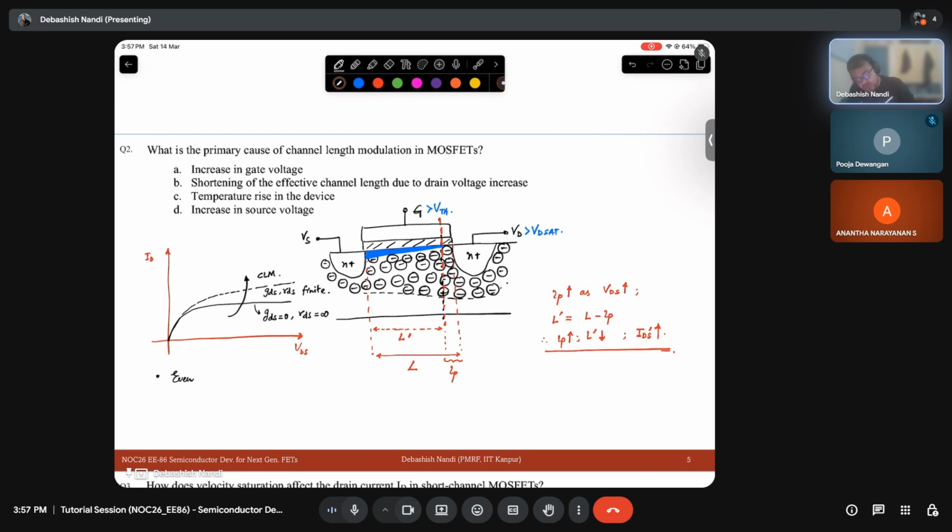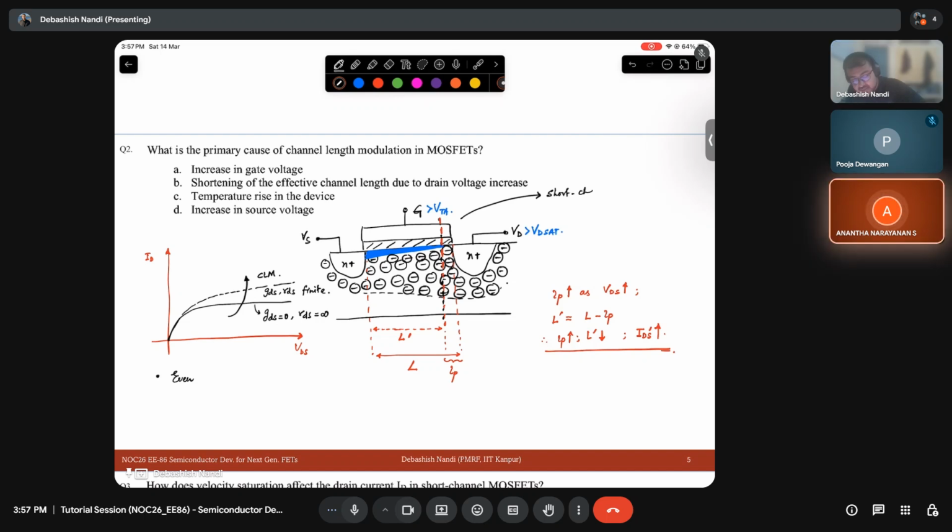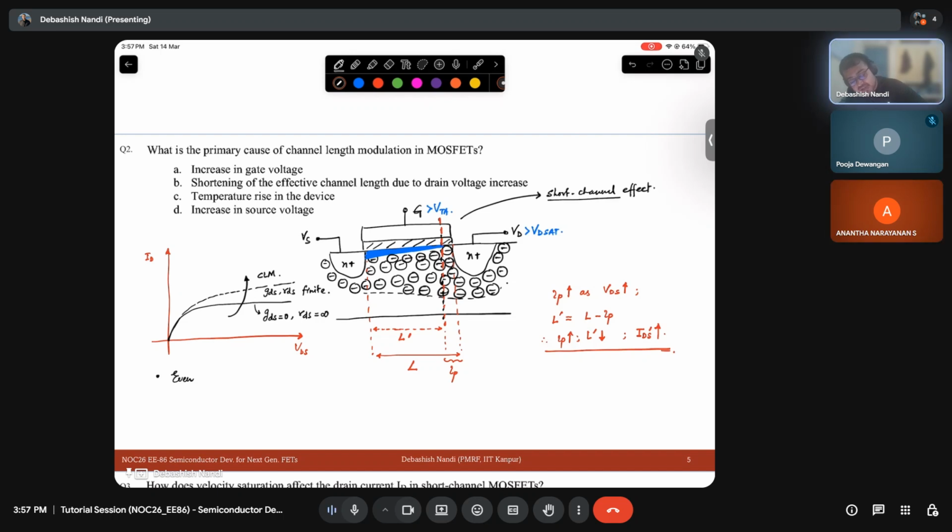So why is it called short channel effect? Because the effective channel length is reducing, right, sir? No, short channel effect has nothing to do with effective channel length. Short channel effect is whenever your L is lower.